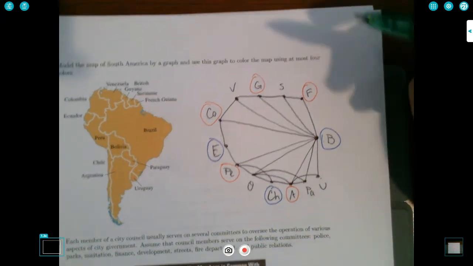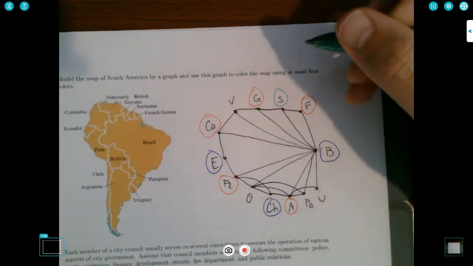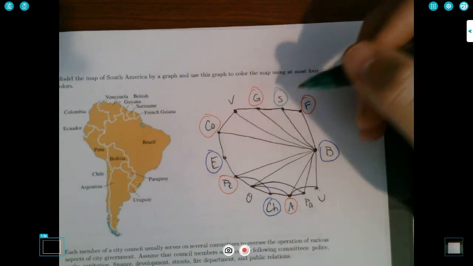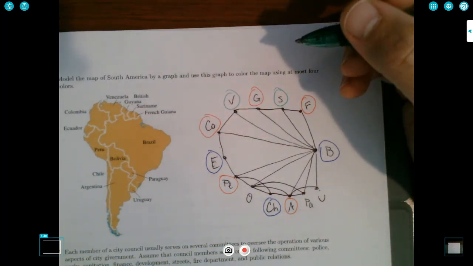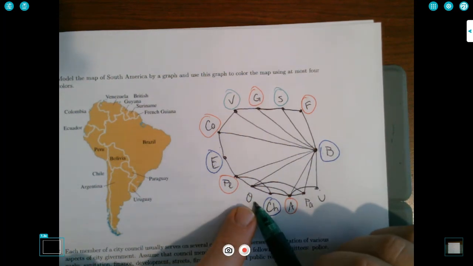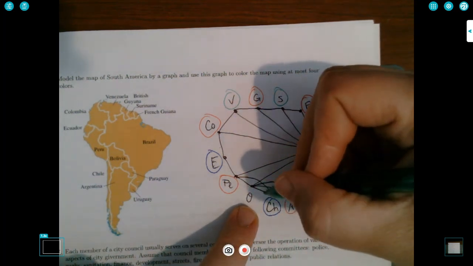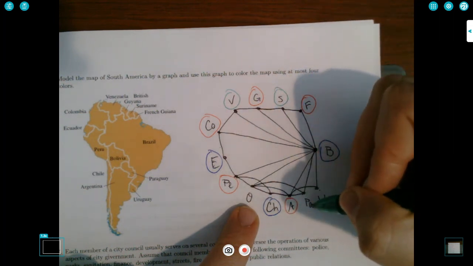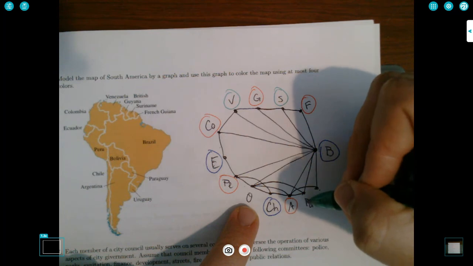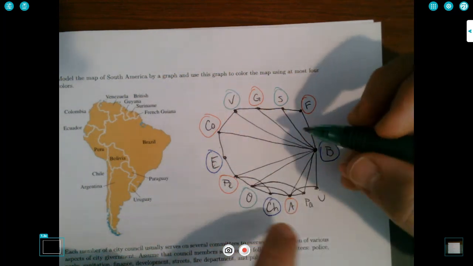Let's move on to green. So green, I can use green here, but then I can't use it here, here, or here, but I've already colored those in. I could use it here. Can I use it here? Yeah, blue there, red there. I don't have a color assigned here yet. Red there, so yeah, I can use green there.